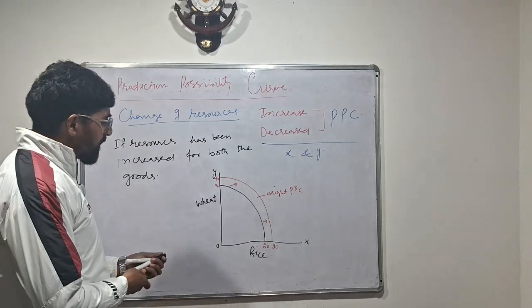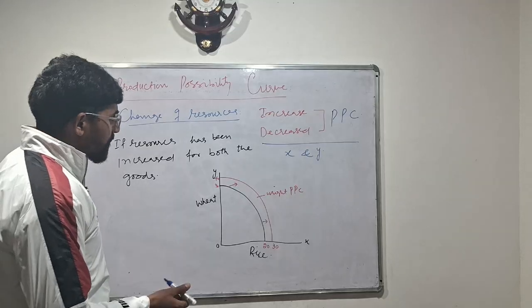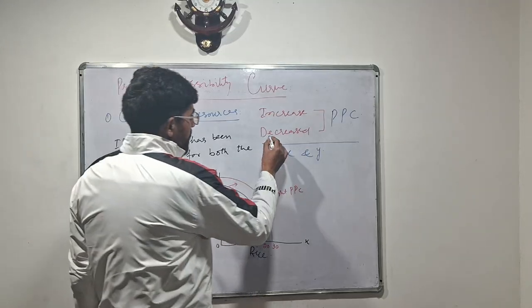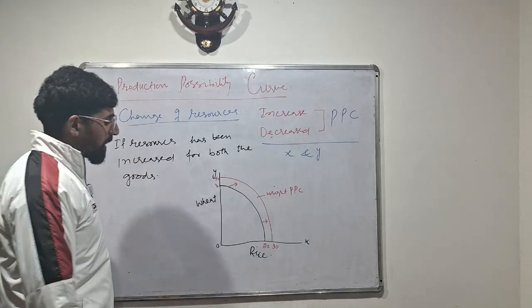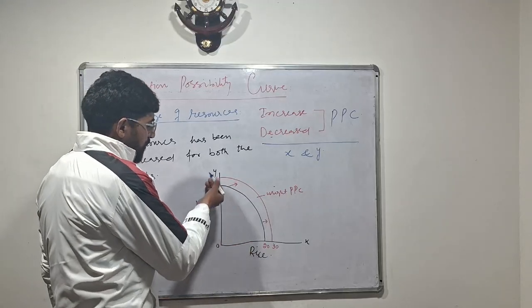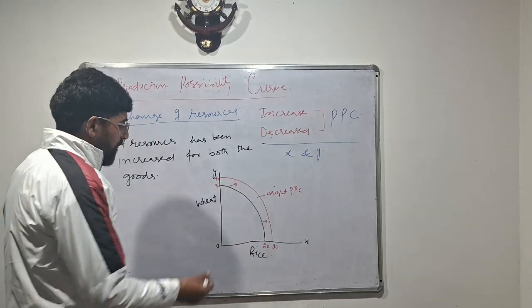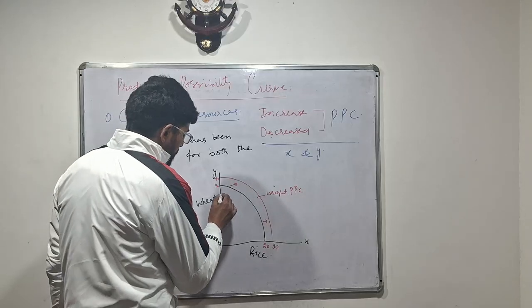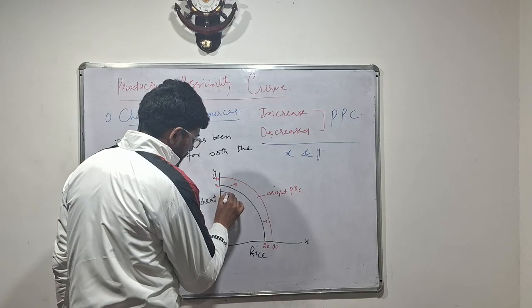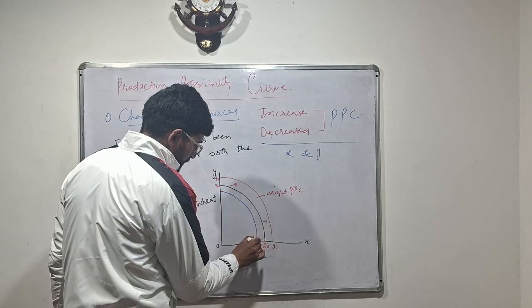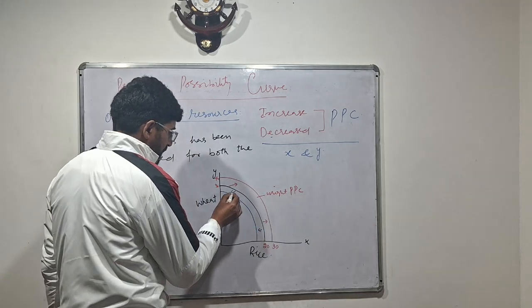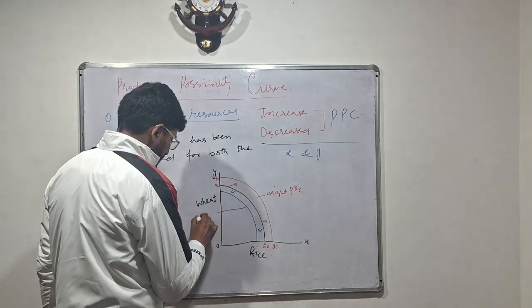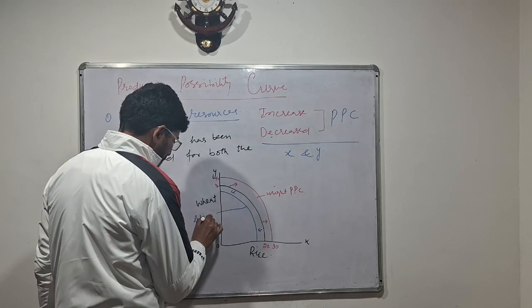But on the same production possibility curve, if resources are decreased for both x and y, then the production possibility curve will shift downwards, just like this. It will shift leftwards.